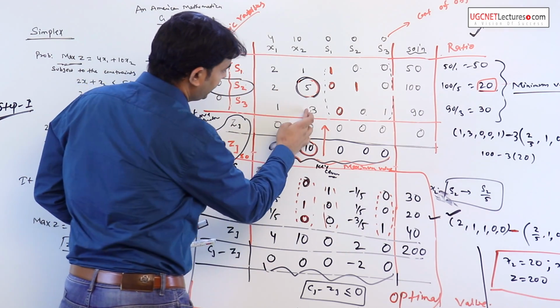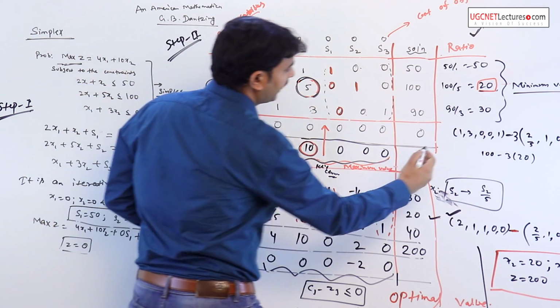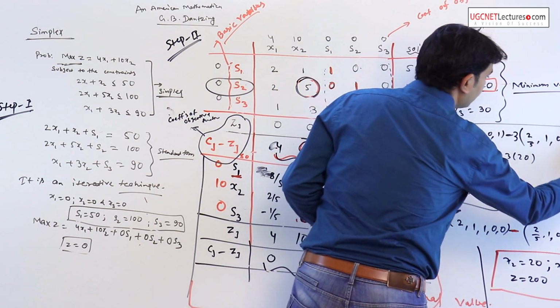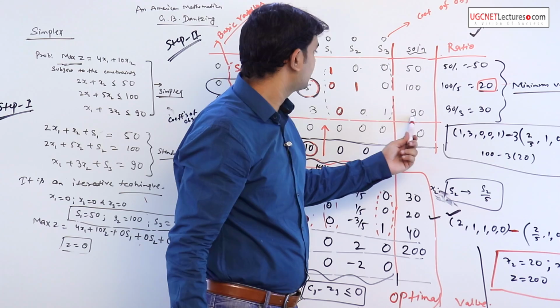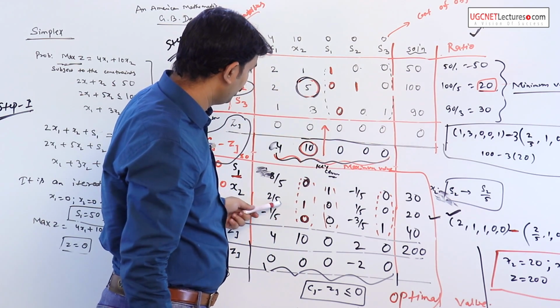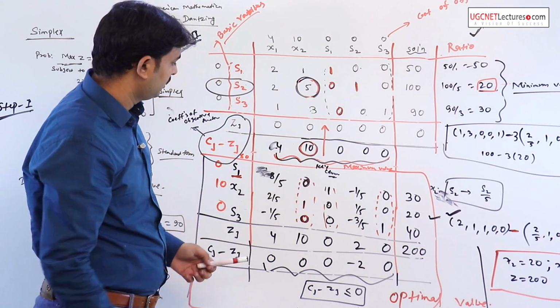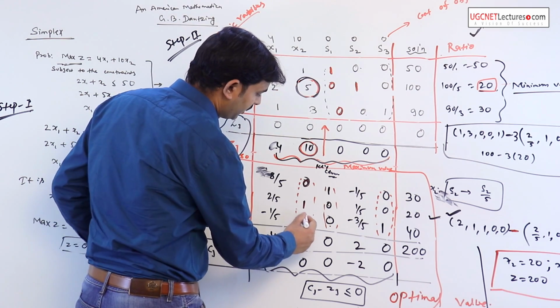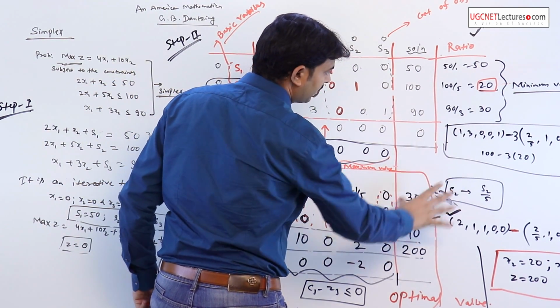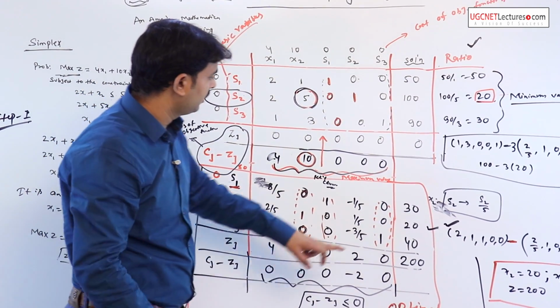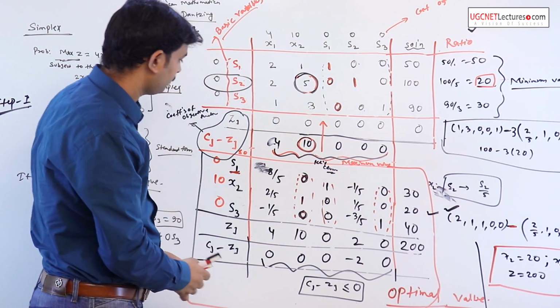Similarly, for making 3 to 0, we apply R3 minus thrice the new x2 row. So now we got 0 here. In the solution also we have reduced the rows in the same way.